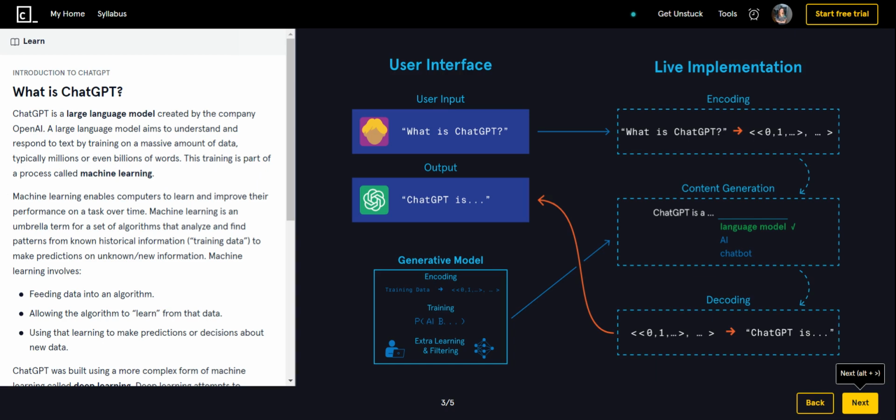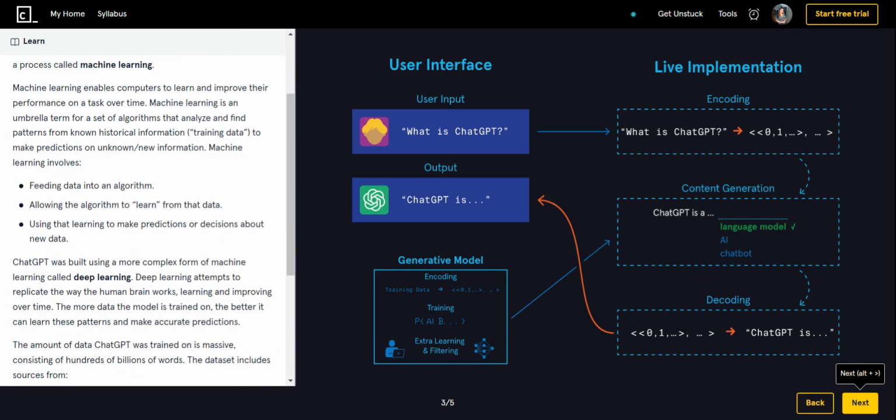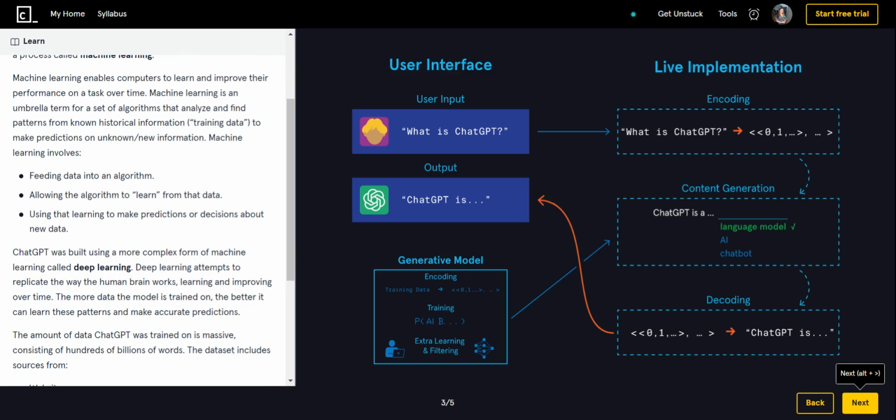This training is part of a process called machine learning. Machine learning enables computers to learn and improve their performance on a task over time. Machine learning is an umbrella term for a set of algorithms that analyze and find patterns from historical information, training data, to make predictions on unknown or new information.